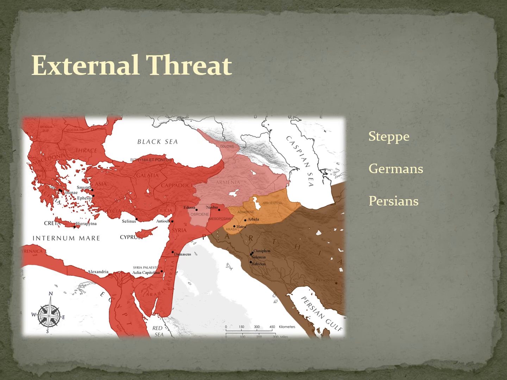And the Sassanids were much more aggressive and much more assertive than the Parthians had been. All right? The Sassanids were from deep in Persia.